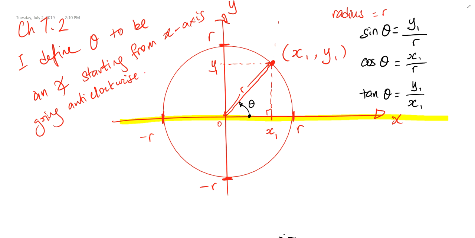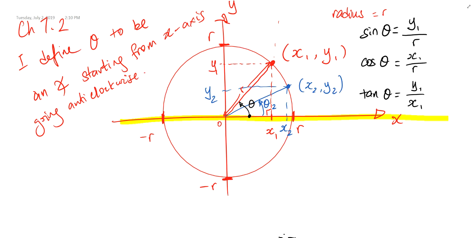Okay? Because within the first quadrant, whatever your theta is. I give you another example. For your first quadrant, suppose this is my next theta. This is theta number 2. Okay, in blue color. This will be my x2 and this will be my y2. So we have x2, y2.